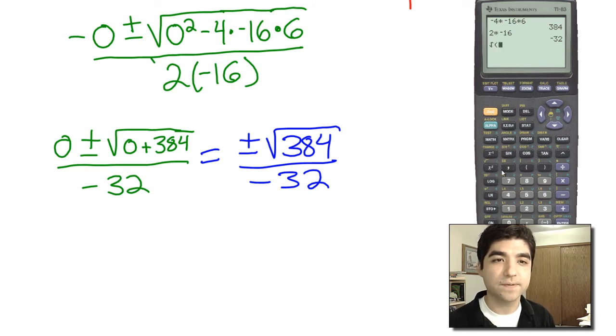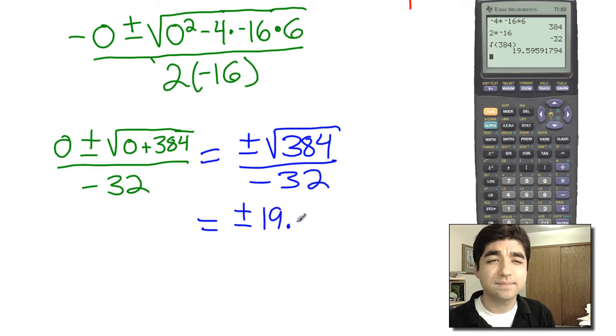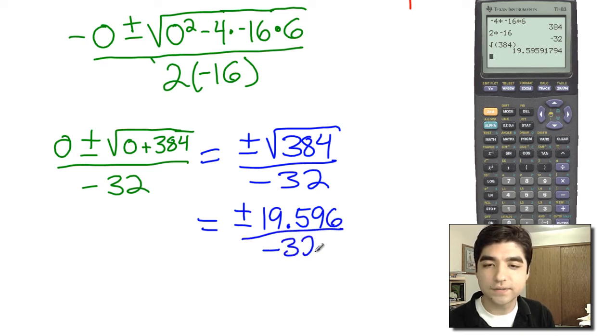So take square root 384 equals 19.596. So that equals plus or minus 19.59, and I'm just going to round this to 6, all over negative 32.